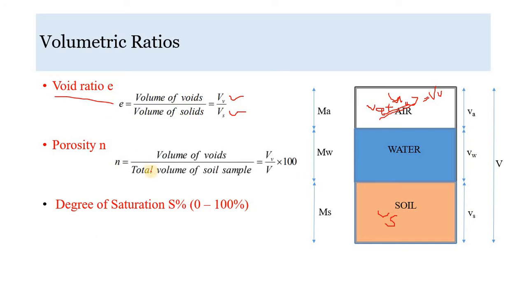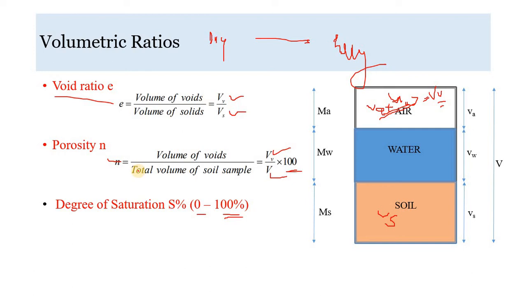Next, porosity. In the total volume, how much volume of voids is there? The ratio of volume of voids to the total volume is called porosity, and it is measured in percentage. Next, the degree of saturation, from 0 to 100, meaning from dry to fully saturated soil.